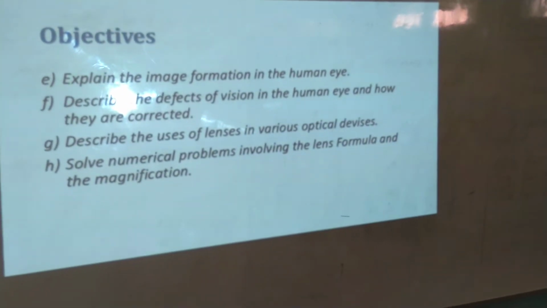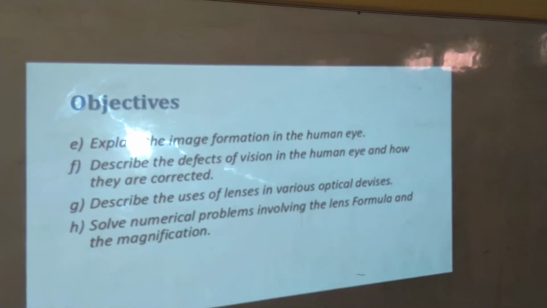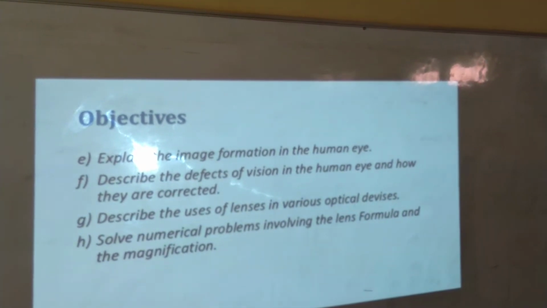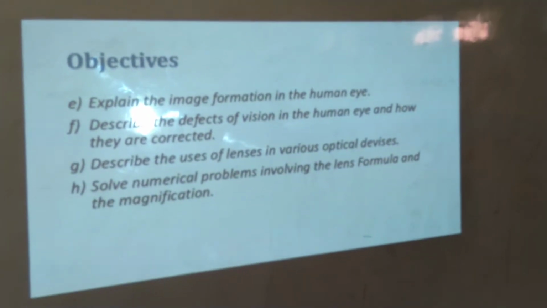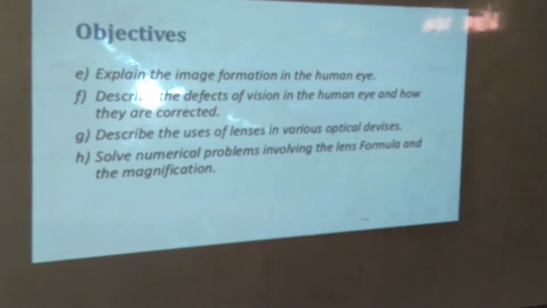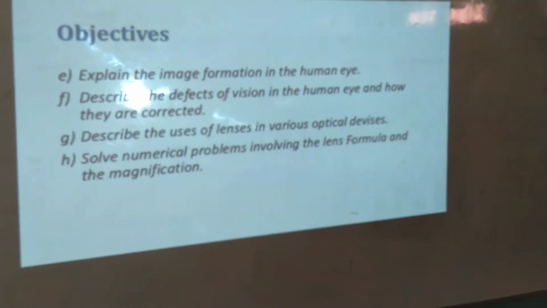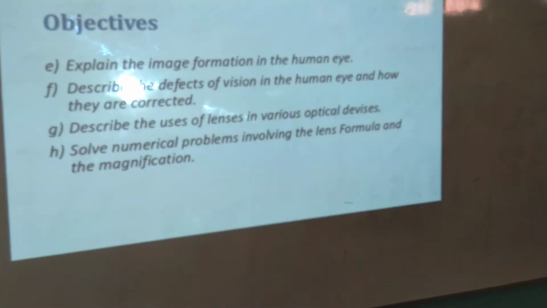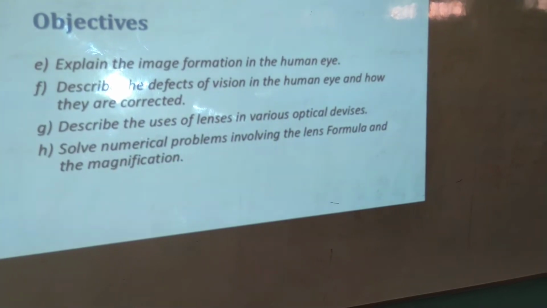Again, you are supposed to explain the image formation in the human eye. You are supposed to describe the defects of vision in the human eye and how they are corrected. You are supposed to describe the uses of lenses in various optical devices, and solve numerical problems involving the lens formula and the magnification.